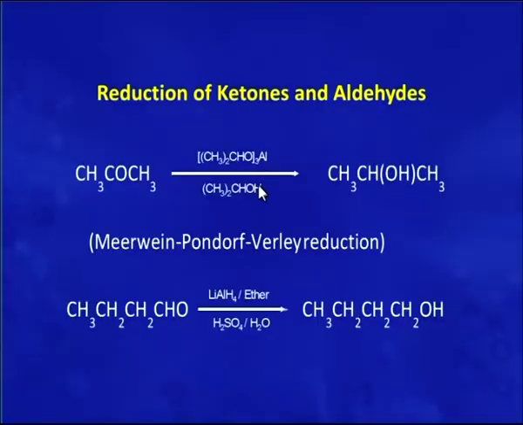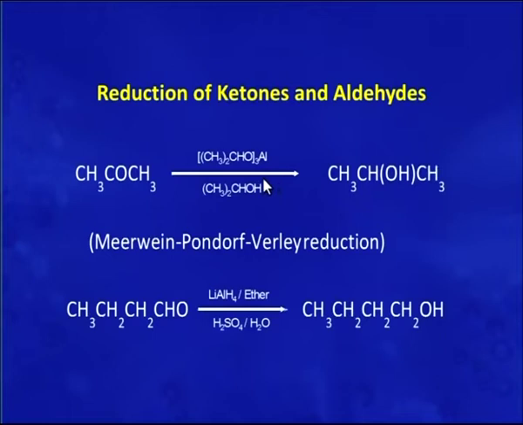We will now take up some examples where reduction actually is taking place on these molecules with the help of certain reducing agent. For example, this is the example of Meerwein-Ponndorf-Verley reduction, in which acetone molecule is reduced to 2-propanol.